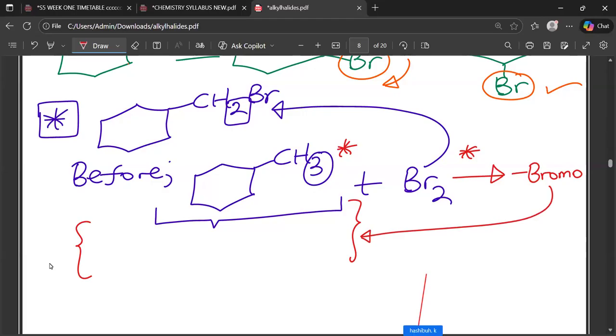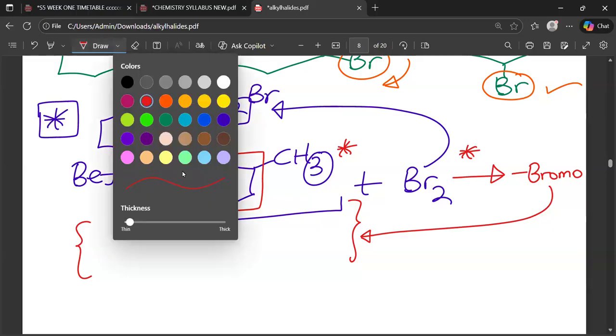So any names in the chat? Bromomethylcyclohexane, exactly. You get that this one alone is cyclohexane. But it has a methyl group, and since that methyl group has no position, because when you rotate it, it won't change its position, mentioning it is not necessary.